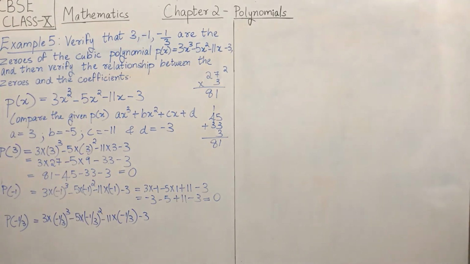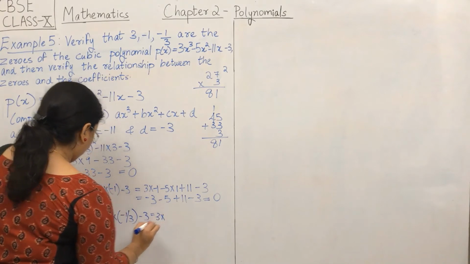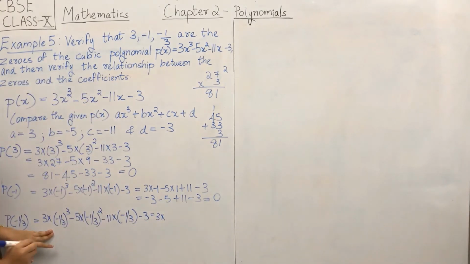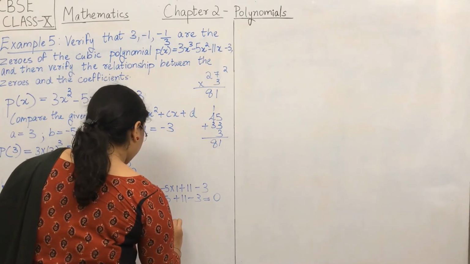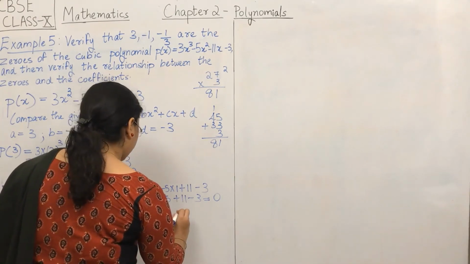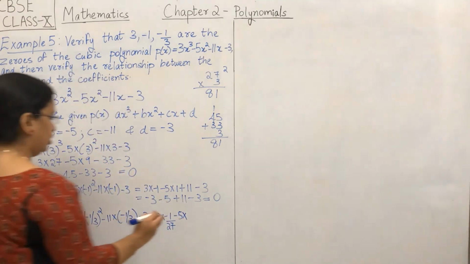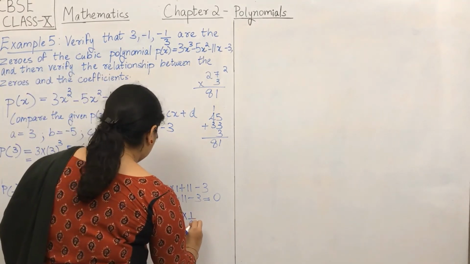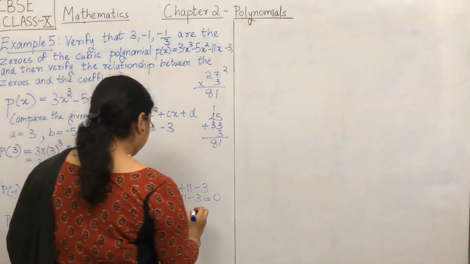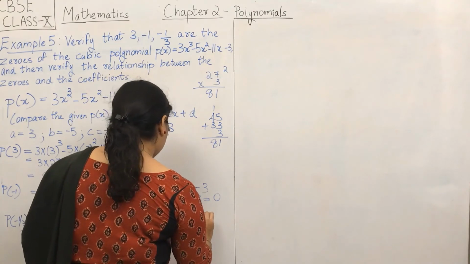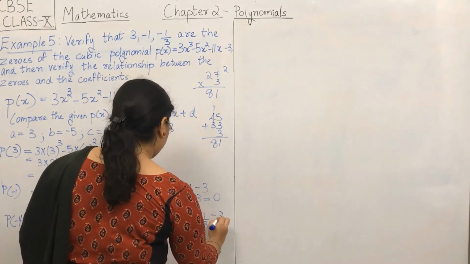Okay, here 3 into minus 1 by 3 the whole cube is minus 1 by 27, minus 5 into minus 1 by 3 the whole square is 1 by 9, minus 11 into minus 1 by 3, plus 11 by 3 minus 3.